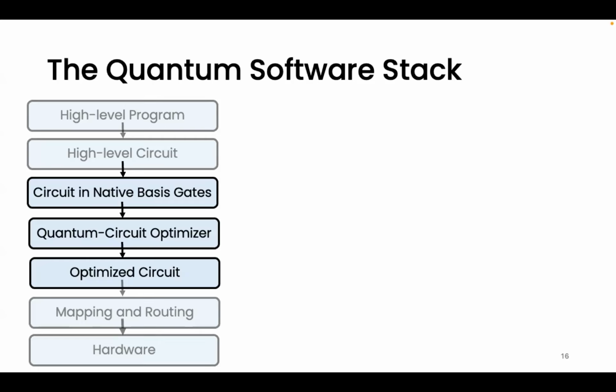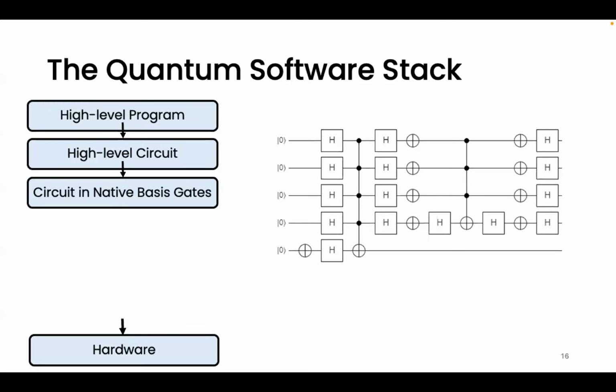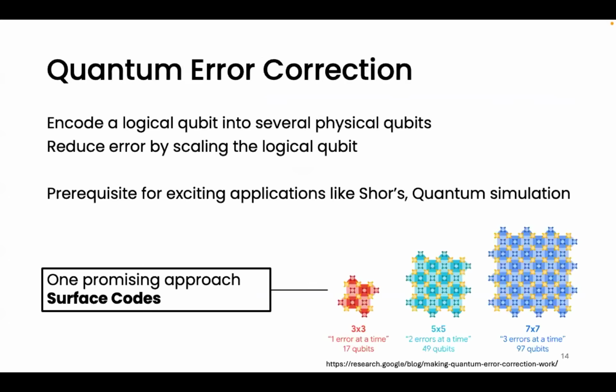Yeah. Can you go back a couple of slides to the scaling of qubits? It said 1 hour at a time. What exactly do you mean by 1 hour at a time, 2 hours at a time? Yeah, so basically the way that error correction works is you're repeatedly applying this cycle protocol, and the larger your logical qubit is, the more errors you can correct in a single cycle.